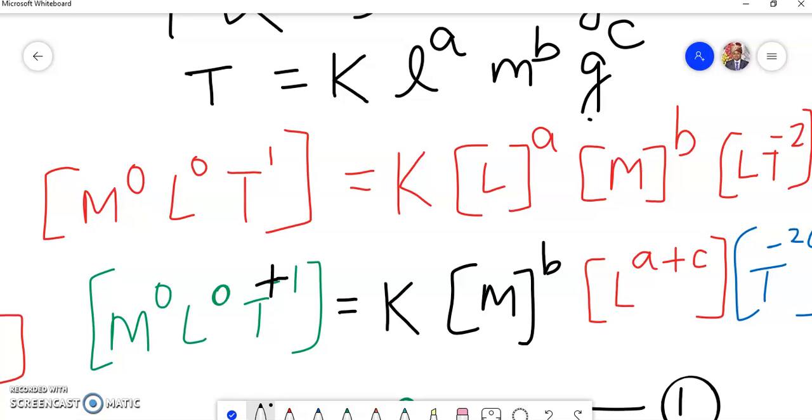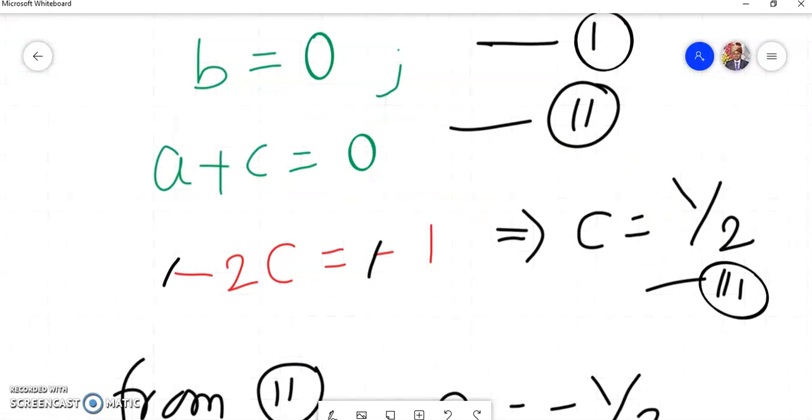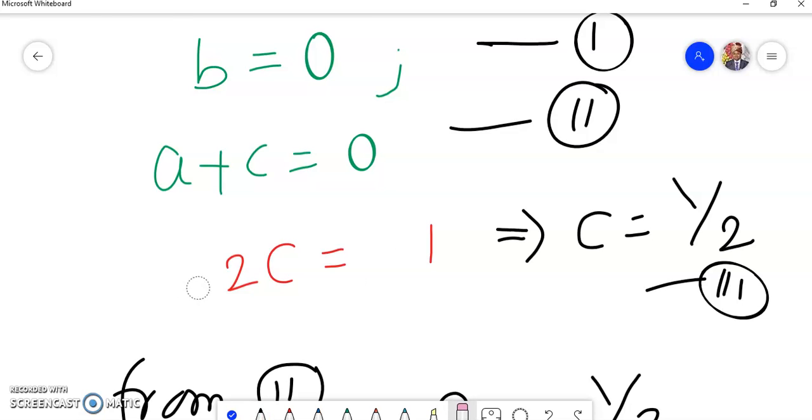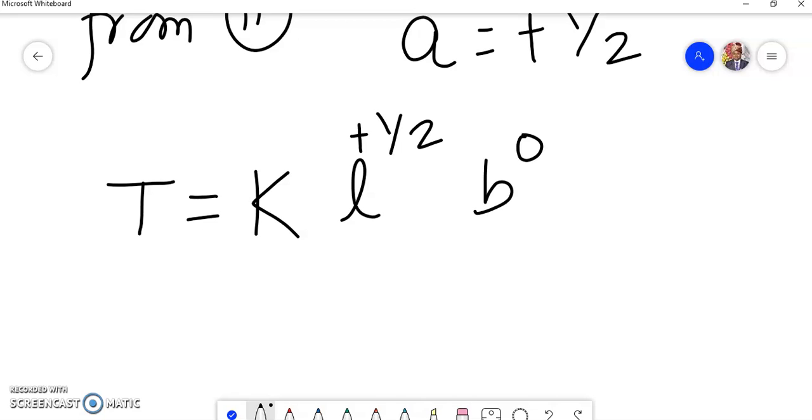So time is +1 as you can see here, and this will be changing everywhere. So this is not like this. L is equal to plus 1/2, since A is plus 1/2, and B is equal to 0, and C is equal to -1/2.